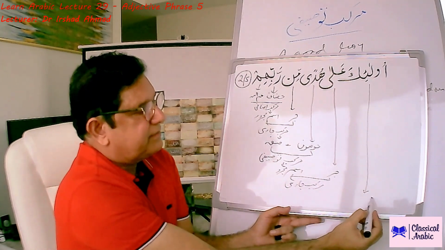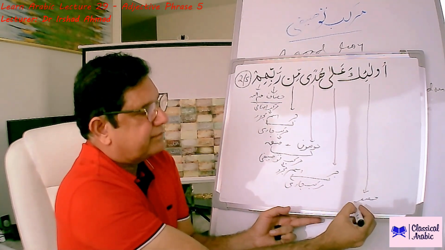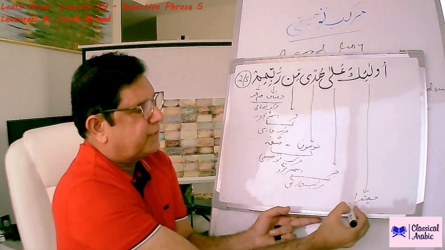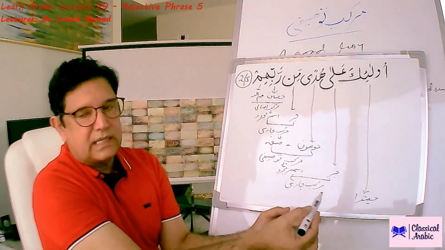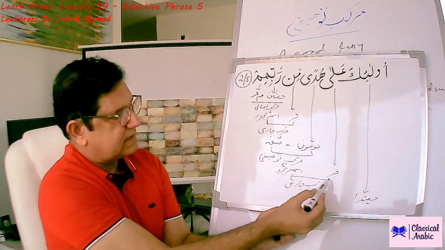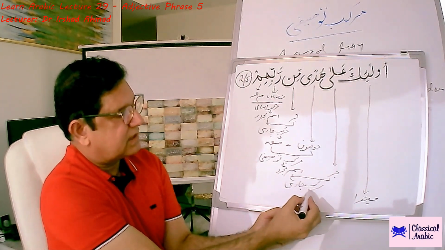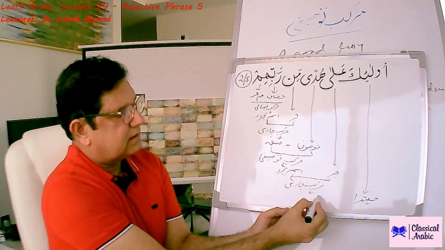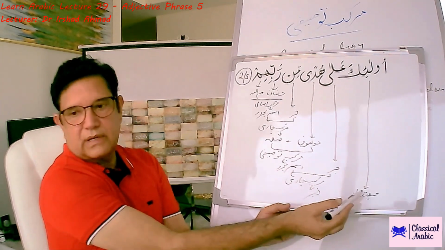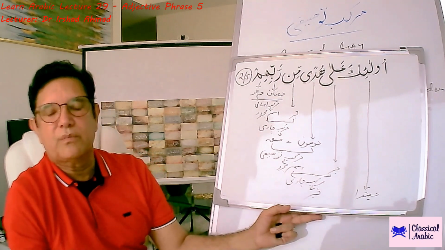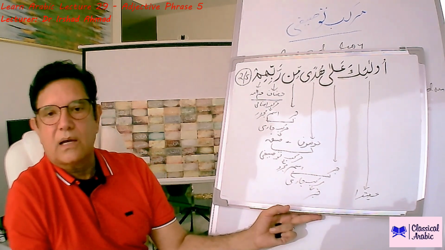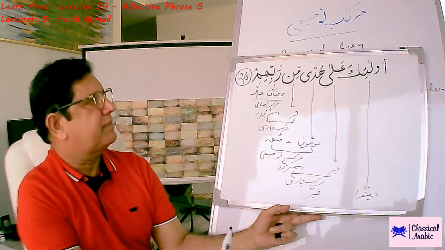So this will be mubtada, and in jumla ismiya, mubtada is at the beginning of a sentence. So what is that going to be? It's khabar. So this murakkab jari is khabar for this mubtada. So this mubtada and khabar combine to make jumla ismiya, and we call that khabariya.